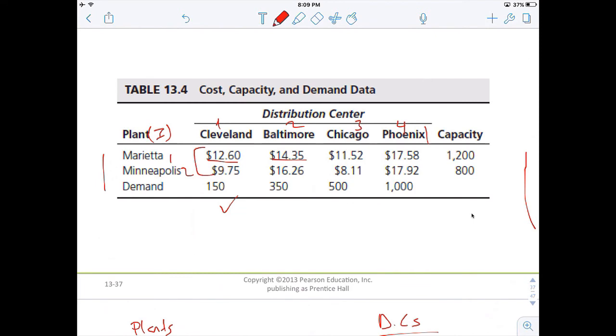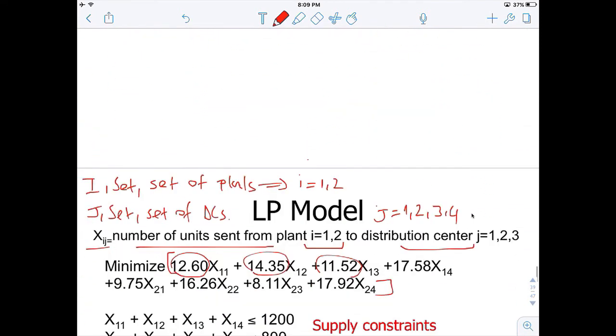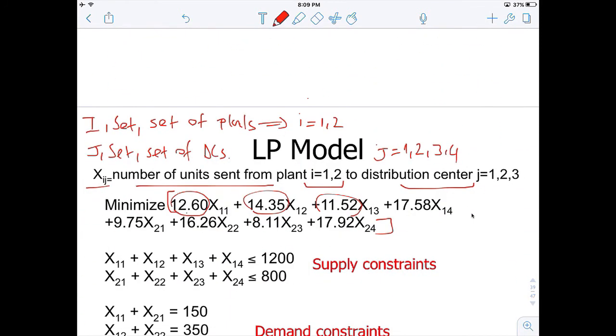More specifically, 1260 times x11, by definition x11 is the number of units sent from plant 1 to distribution center 1, and 1260 is the unit cost for sending one unit of goods from plant 1 to distribution center 1. If you do the same thing for all other plant and distribution center combinations and add them together, you get the total cost function for this transportation problem.